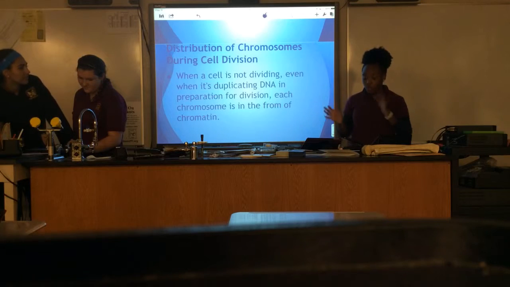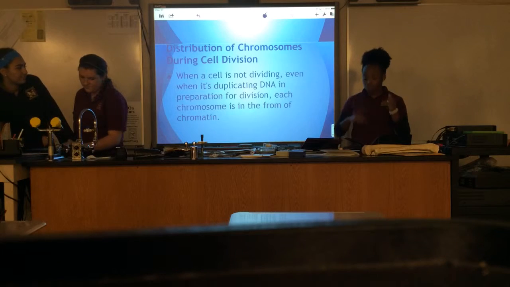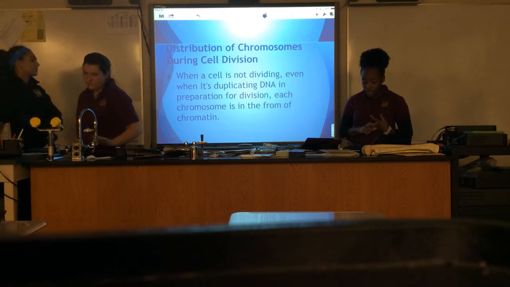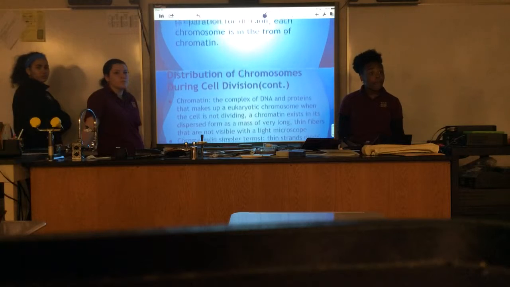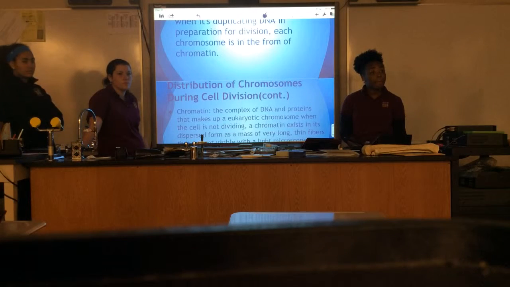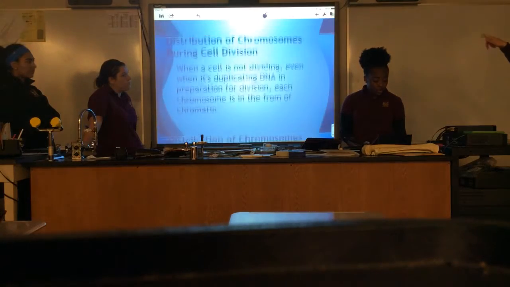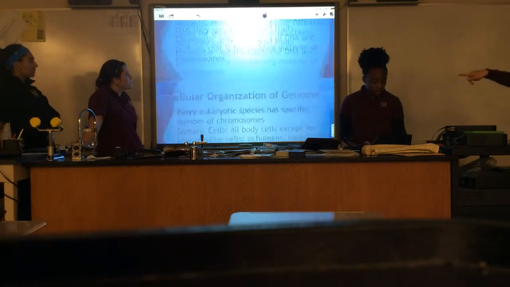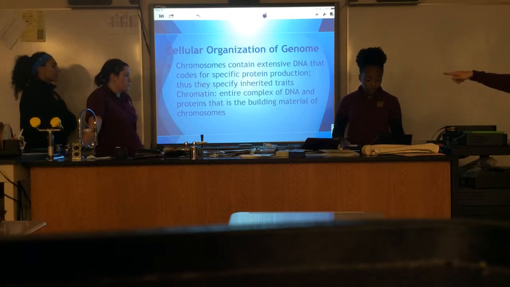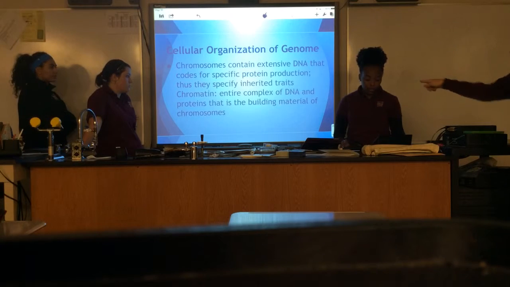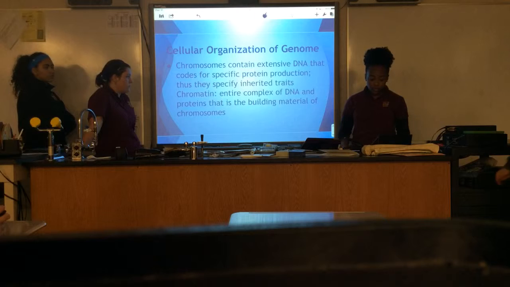And like Jacqueline said, chromatin is basically thin fibrous strands made up of DNA, RNA, and nuclear proteins that make up chromosomes. Clark, what does the word chromatin and chromosomes actually mean? Chromatin is like an entire complex of DNA and proteins that is the building material of chromosomes.